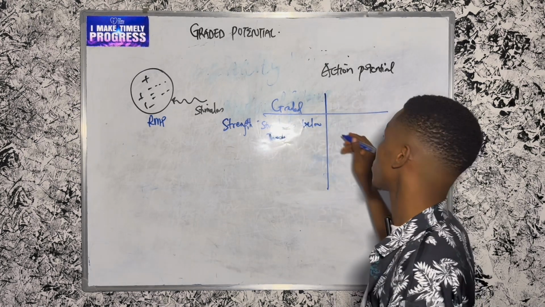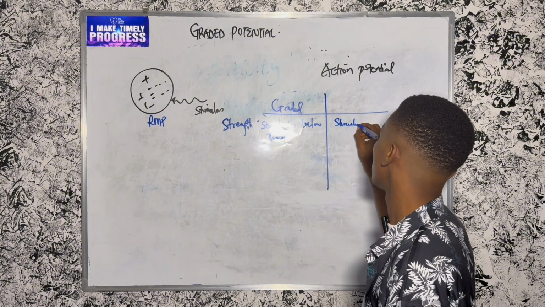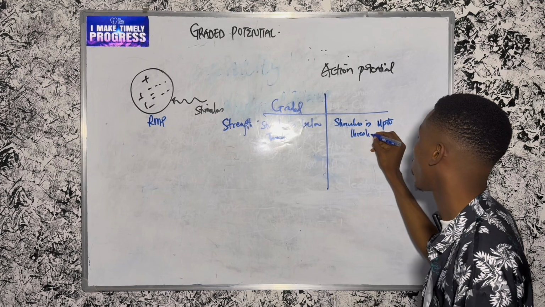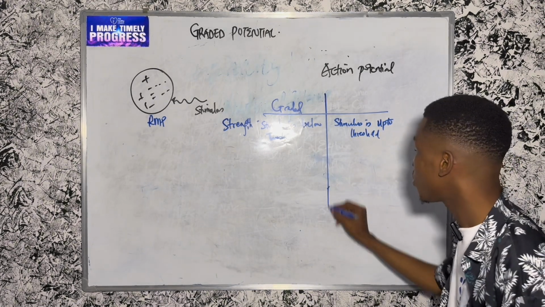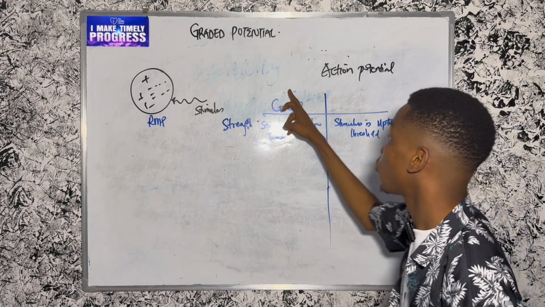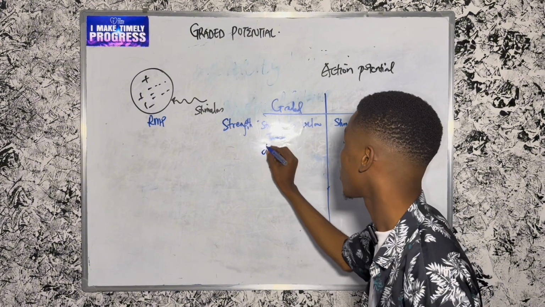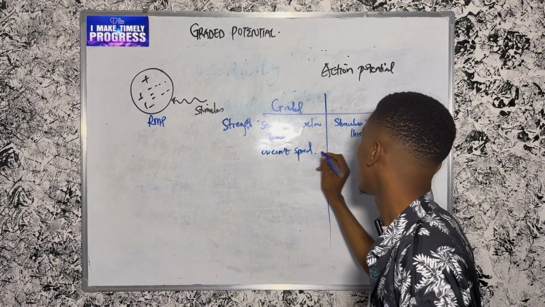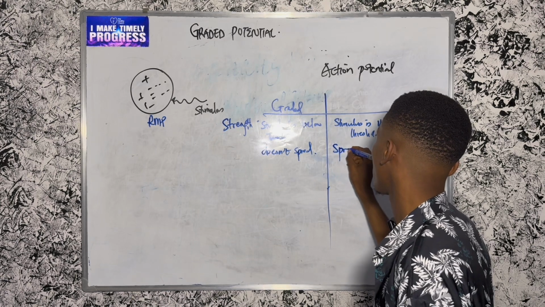But when I come to action potential, the stimulus is up to threshold, so it's either at threshold or above threshold. Another difference is that graded potential doesn't spread along, but action potential will spread along.